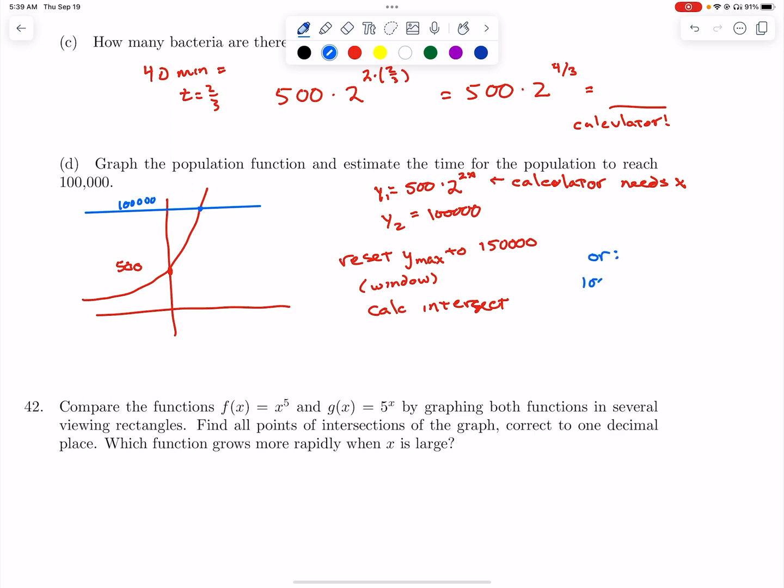We can say 100,000 equals 500 times 2 to the 2t. Sorry, that's a 2, not a t. There's the t. Okay, divide by 500, we get 200, let's forget the calculator. 100,000 divided by 500 is 200. So I need logarithms, log base 2 of 200.